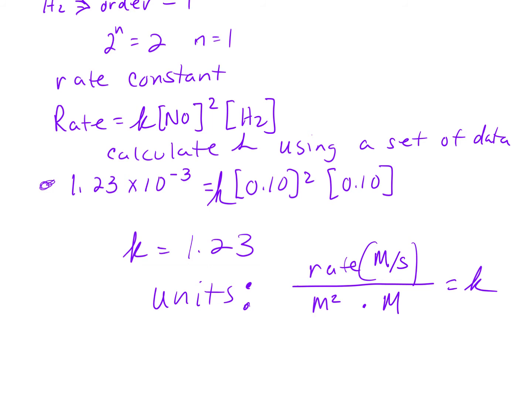But we can cancel out this moles per liter with this moles per liter, and we end up with 1 over second over moles per liter squared, which gets a little bit better. We can do liters squared over moles squared times seconds. I'm doing some of the math there, that algebra that everyone loves.